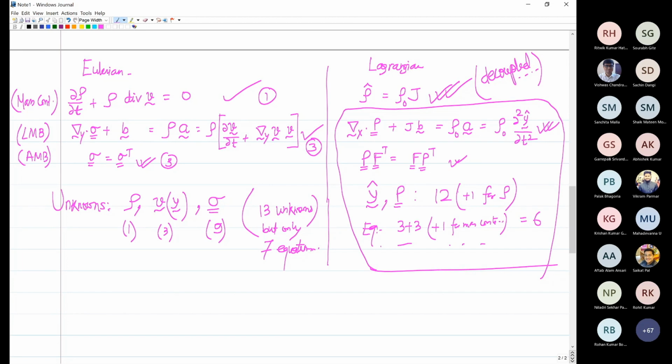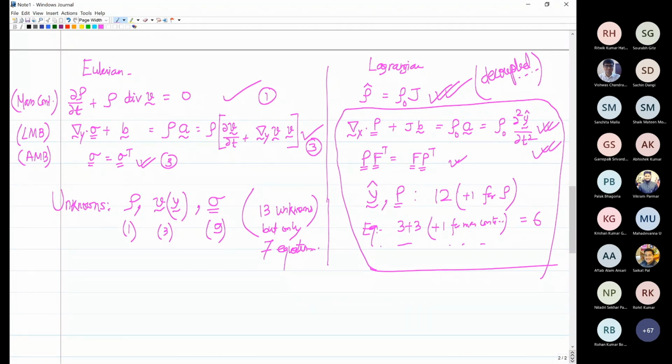And notice that the advantage of Lagrangian form is that you don't have to solve the mass continuity equation because it is decoupled, right? The LMB has rho naught and AMB does not have rho. So that's the advantage of Lagrangian form. Whereas in Eulerian form, all three are to be solved simultaneously. But still, of course, you see that the number of unknowns are not matching with the number of equations.